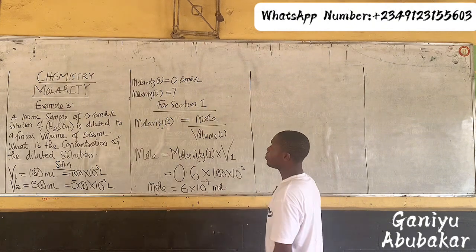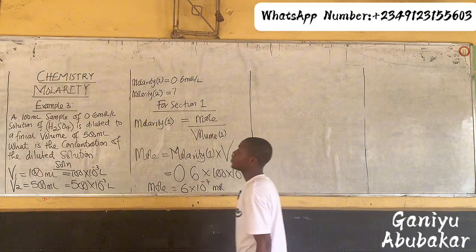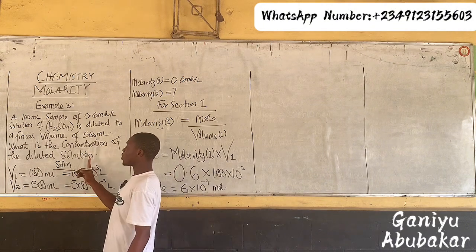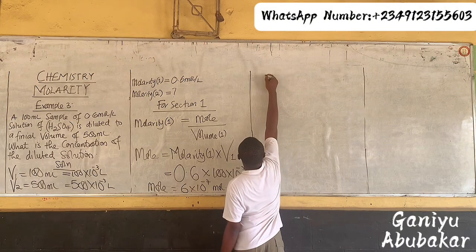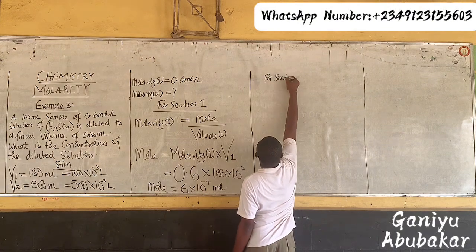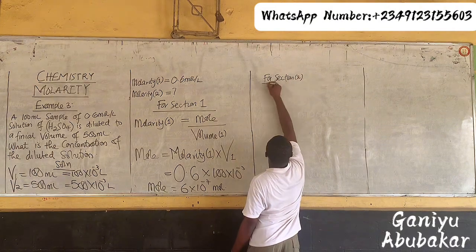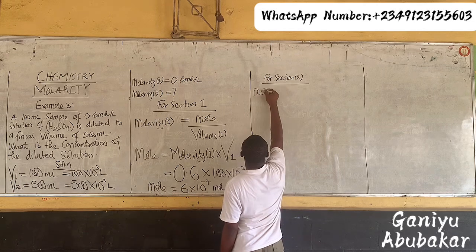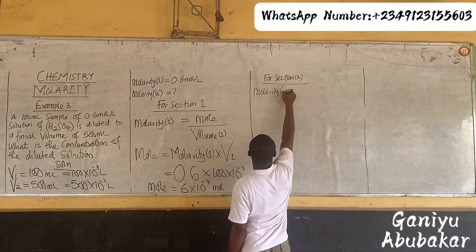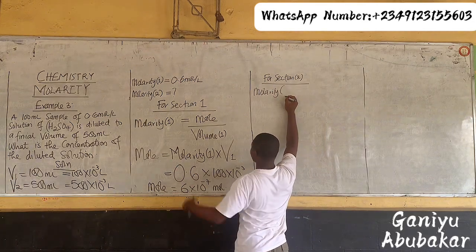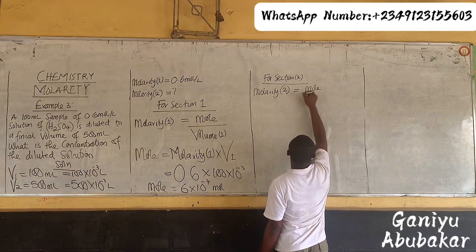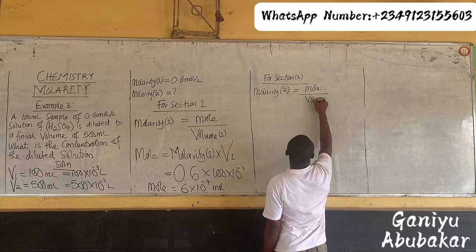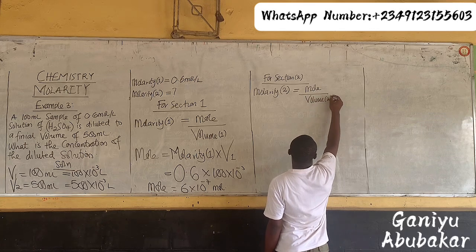So we're asked to find molarity at section 2. That is, what is the concentration of the other solution? So that's molarity at section 2. For section 2, we know that molarity, or perhaps the word concentration, at section 2 is equal to mole over volume at section 2.